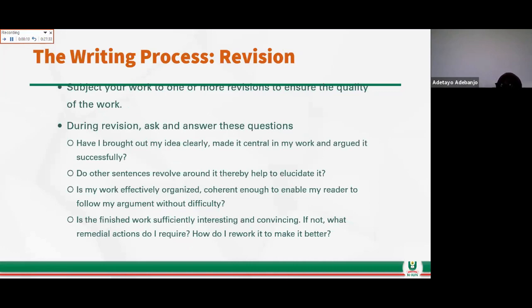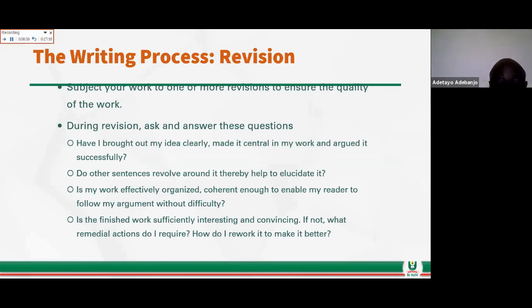Let me tell you that when you are writing, during the time you are revising and reading this thing, you are getting some things done well. Because that's the time you see, okay, I made a mistake here.